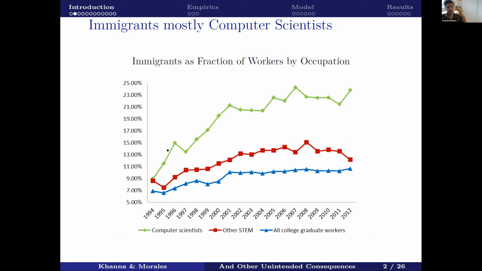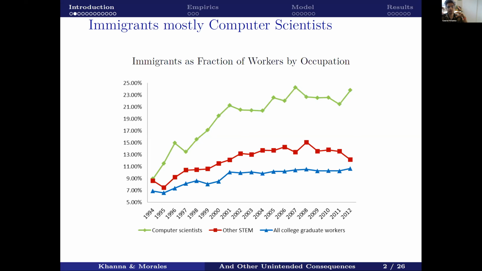If you look at the share of immigrants in different types of occupations in the US, what you see is that in 1994, about 9% of all computer scientists working in the US were born abroad. But by around 2007, about 1 in every 4 computer scientists working in the US was born abroad.